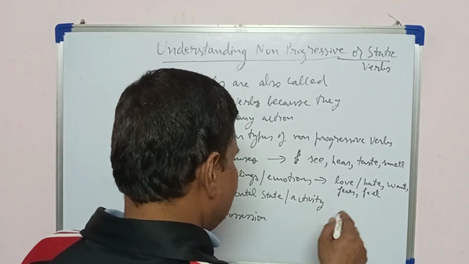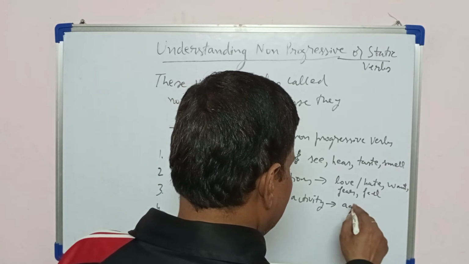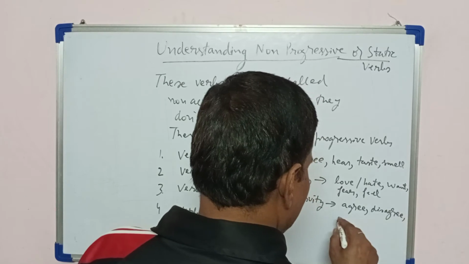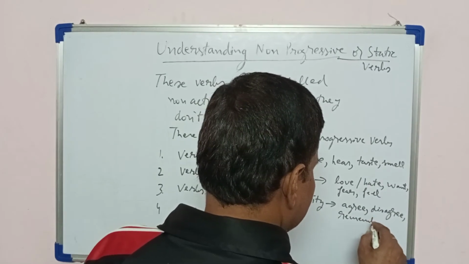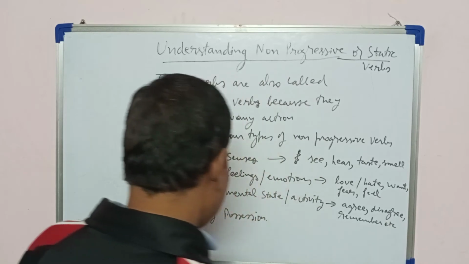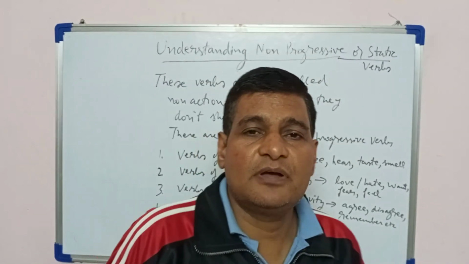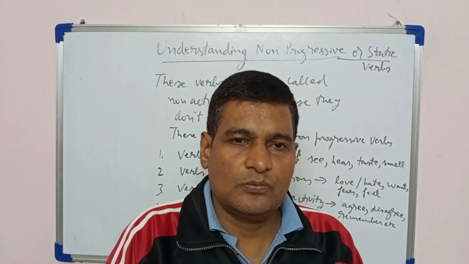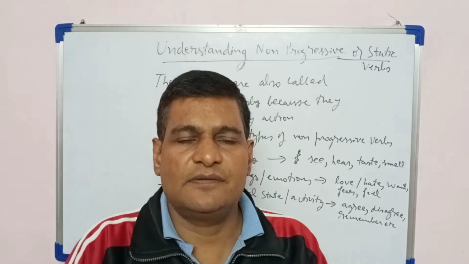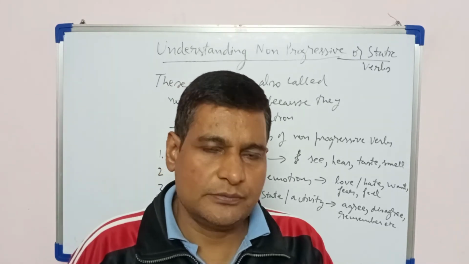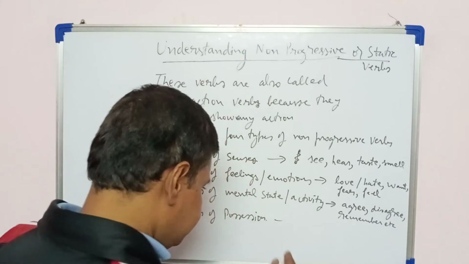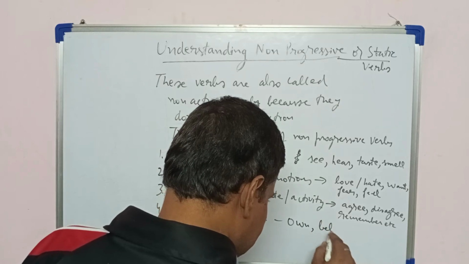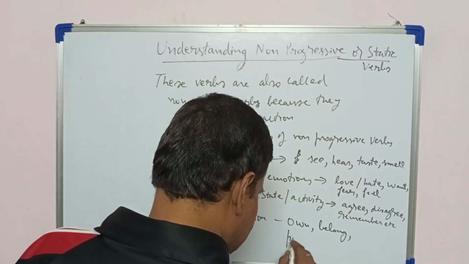Mental state and activity verbs are like agree, disagree, remember, etc. And verbs of possession show ownership or belongingness. So the verbs which show ownership or belongingness are like own, belong, possess.